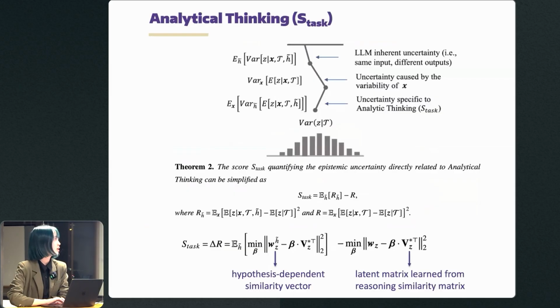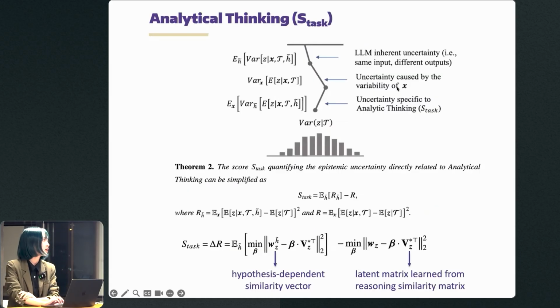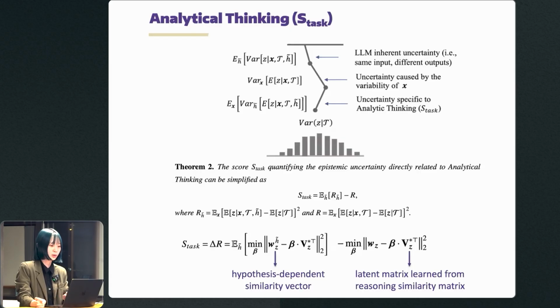Here we have 3 uncertainty sources: uncertainty from the analytical thinking, uncertainty caused by the variability of data descriptions, and the LLM's inherent uncertainties. So we derive a theorem, and we can use this theorem to consider only the uncertainties behind the analytical thinking, which is the reasoning on the videos.